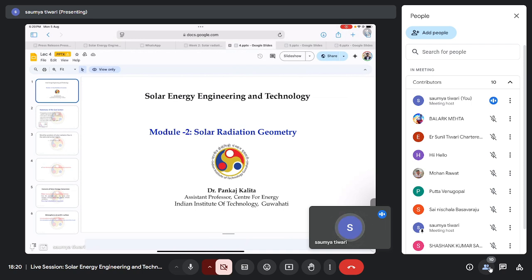The purpose of this week's module is just to develop an understanding. Note that there are several formulas given in week 2 content, but you don't have to mug up or remember all those formulas. I will tell you in the upcoming slides which formulas you have to remember and which you need not remember. So, let's start the session.